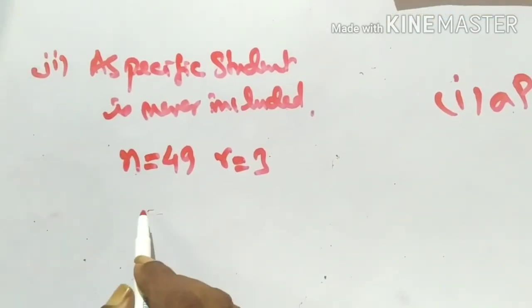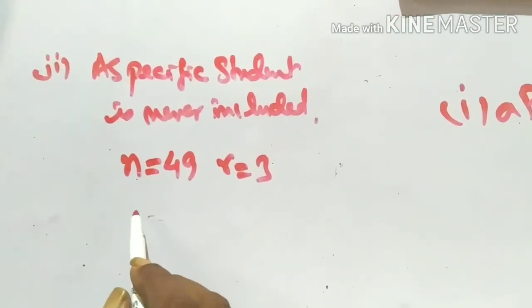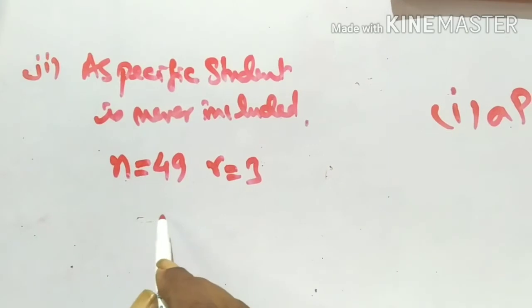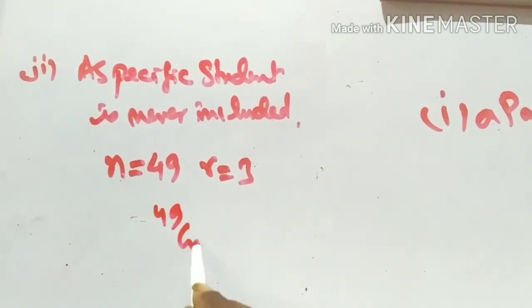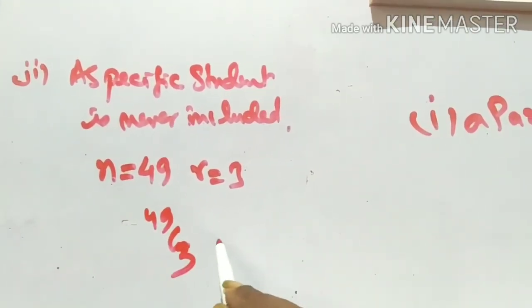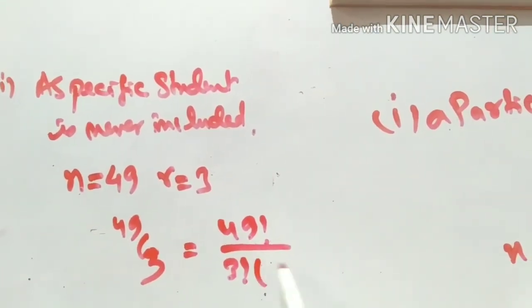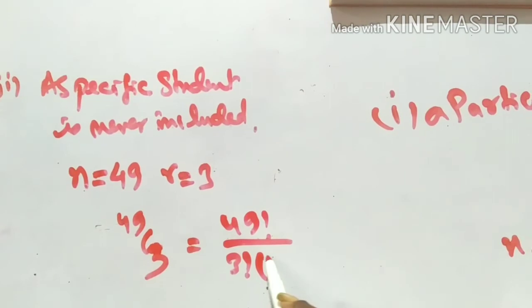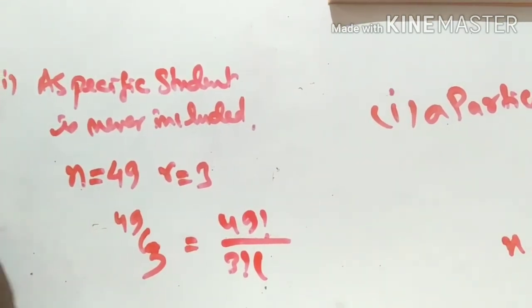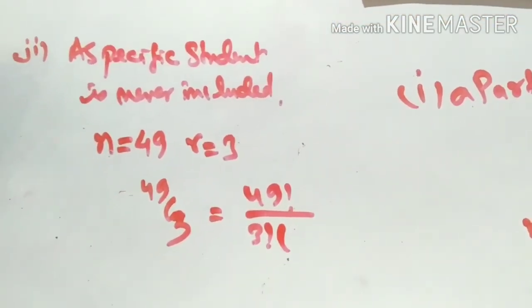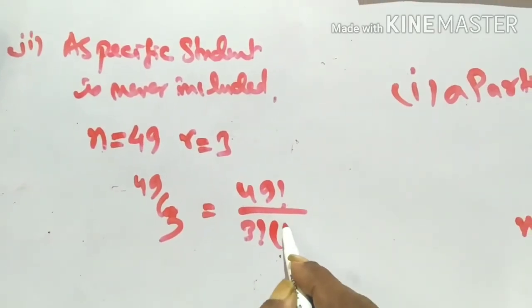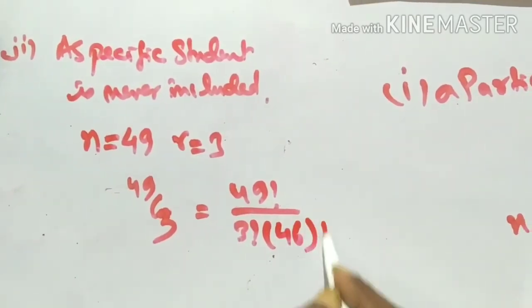So by using the formula of combination, 49C3 comes out to be 49 factorial by 3 factorial into (49 minus 3) factorial, that is 46 factorial.